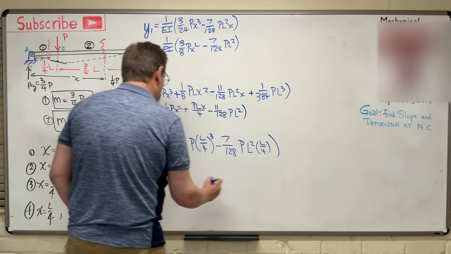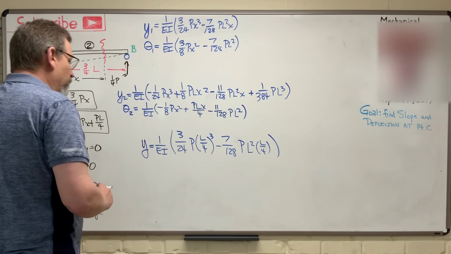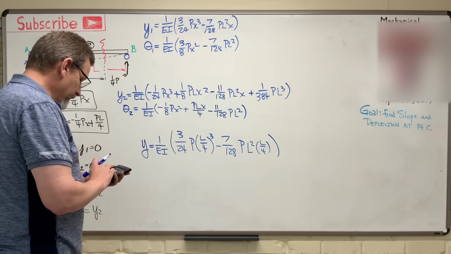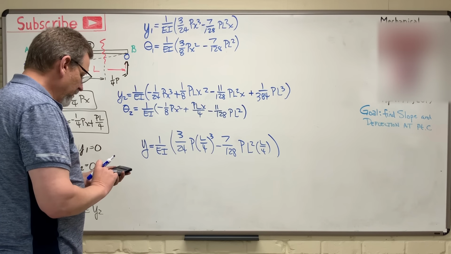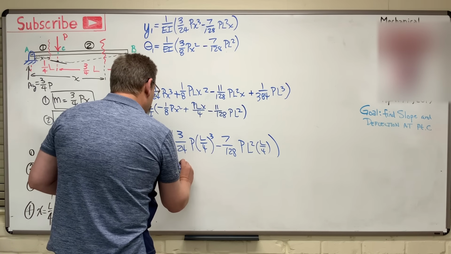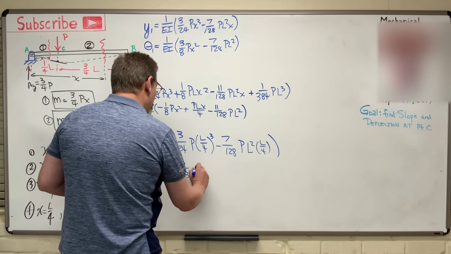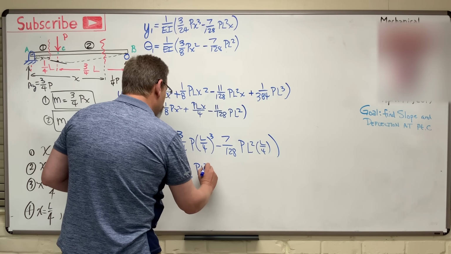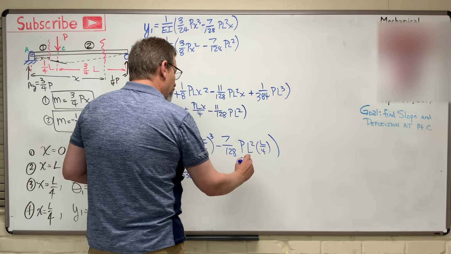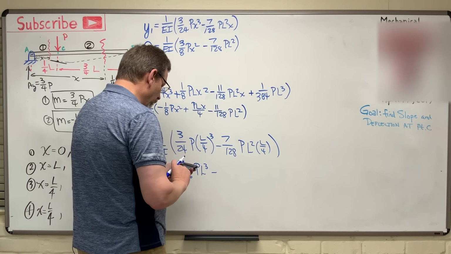And what is that going to be? Let's see. 64 times 24 again. Okay, I have the worst memory. 64 times 24, 1536. So this is going to be 3 over 1536 PL cubed minus, what is 128 times 4?